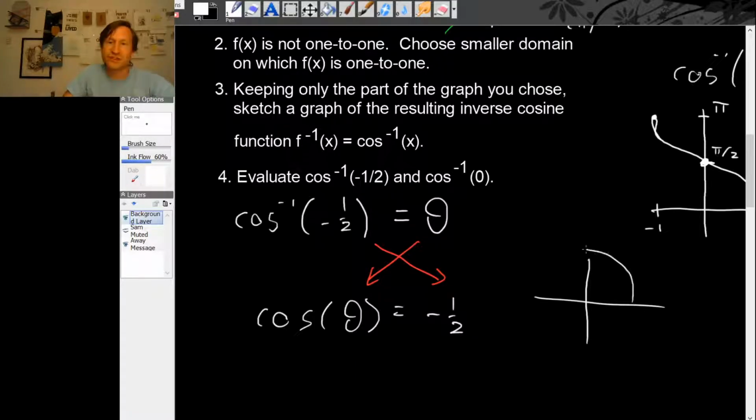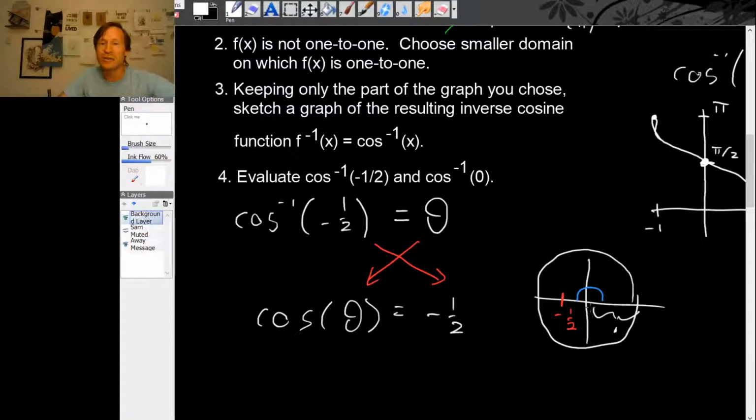So sketch yourself a most important diagram. We can use a unit circle here. We want cosine of theta to be minus a half. On a unit circle, cosine is talking about x coordinates, so we want an x coordinate of minus a half. And also, the restricted domain of cosine is from 0 to pi, so this top semicircle.